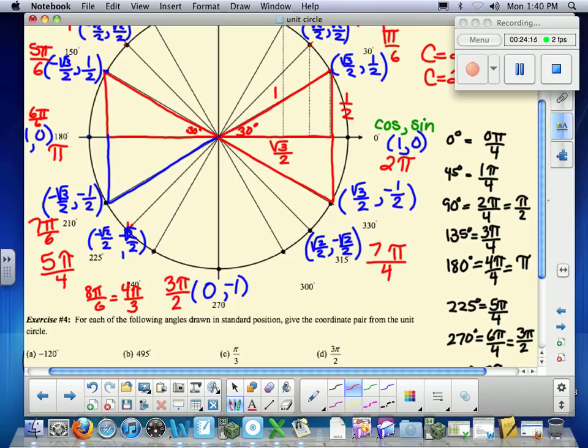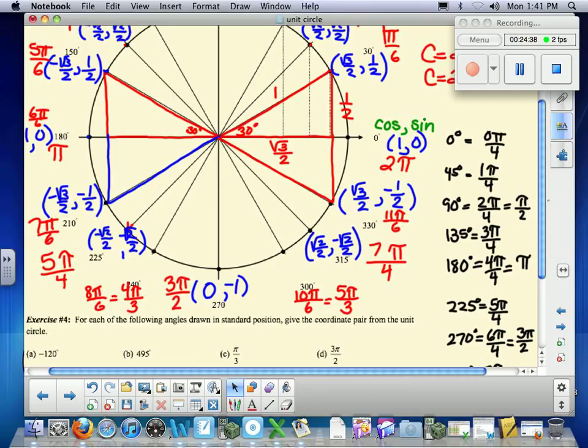And then 9 pi over 6. So then 300 degrees is 10 pi over 6, so 5 pi over 3. 11 pi over 6, which we leave. And then we're at 12 pi over 6, which is 2 pi.